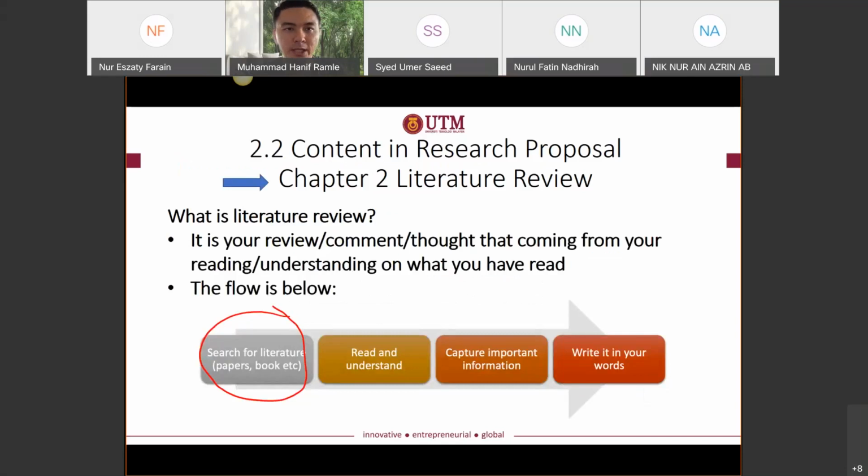You have to search for it. The second step, read and understand the papers and books.